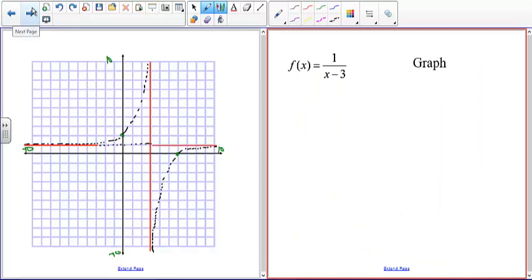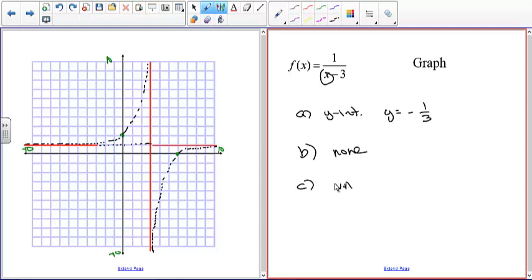Okay. Yeah, we've already looked at that. The only things we have are that the y-intercept is y equals -1/3. That's because you set this equal to 0. B, the x-intercept, there's none because the numerator never equals 0.